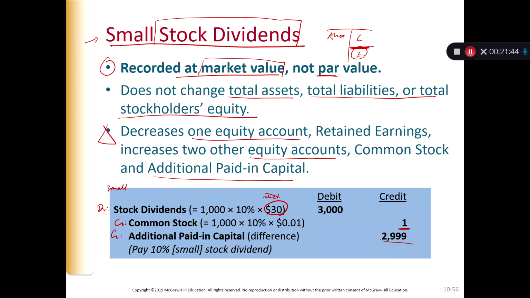So therefore, when you have a very small stock dividend, first of all, nothing changes between total assets, total liabilities, and total stockholder equity. But within stockholder equity, the distribution between retained earnings, common stock, and additional paid-in capital changes, because you will have a reduction of retained earnings by debiting stock dividends at the market value, and then you will also credit common stock, increasing common stock, and at the same time also increase additional paid-in capital.